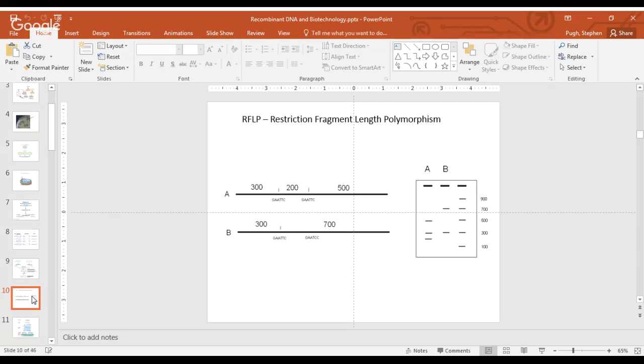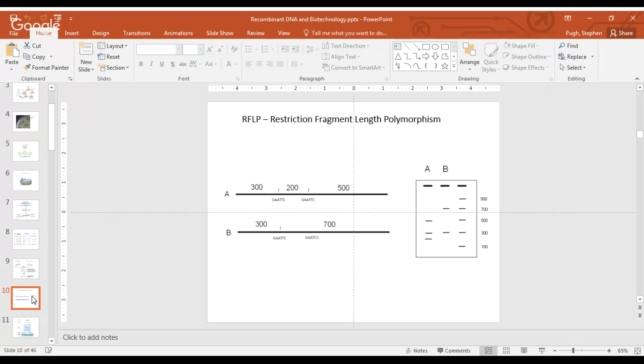But the GAATTC sequence in strain B is still in the same location as it is in A on the left. So that particular piece of DNA is cut only once into two pieces of DNA. So you expose your sample of DNA to the restriction enzyme, it cuts the DNA, and then you take that DNA and you put it into an electrophoresis gel. You run that gel out and it separates the pieces of DNA by size.